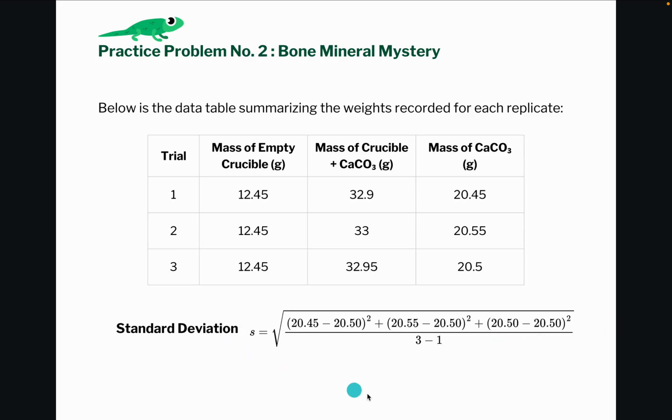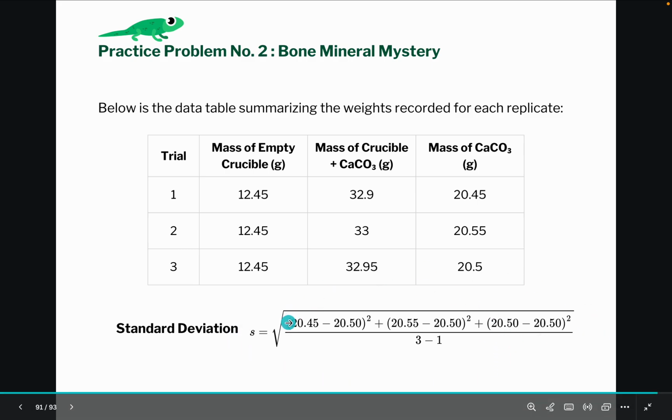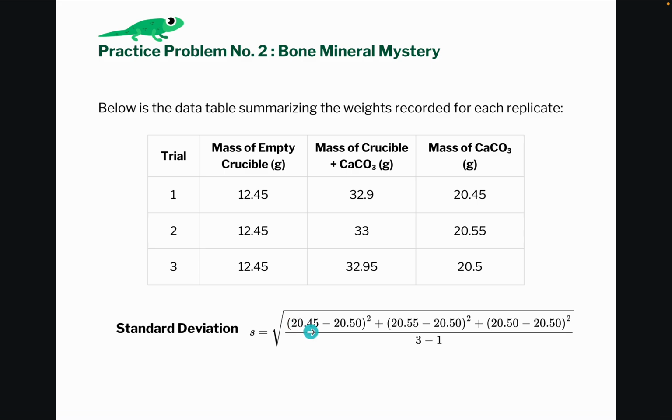And then using the standard deviation formula, with the data from the table, we get 20.45 minus the average or the mean, then we square it, and then we get the summation of these. So your data minus the mean, squared, plus your other data minus the mean, squared again.